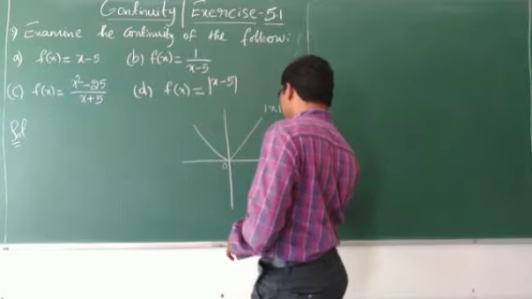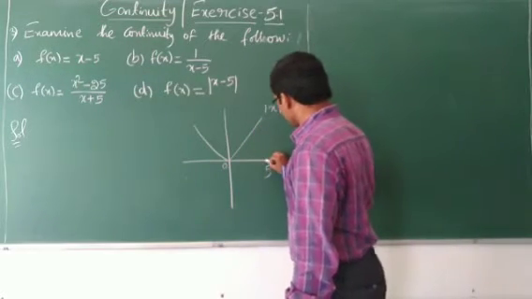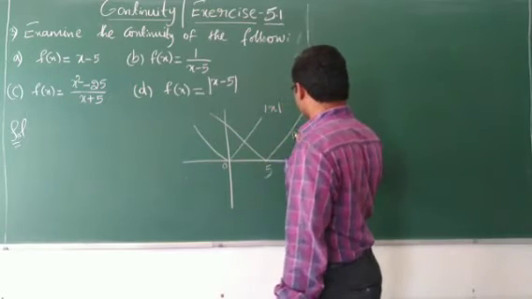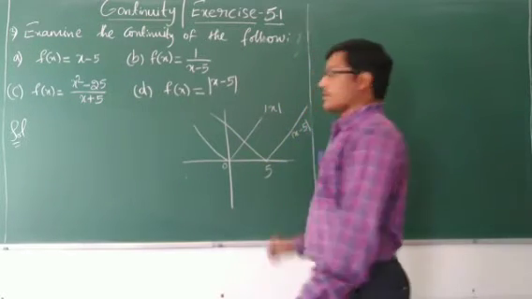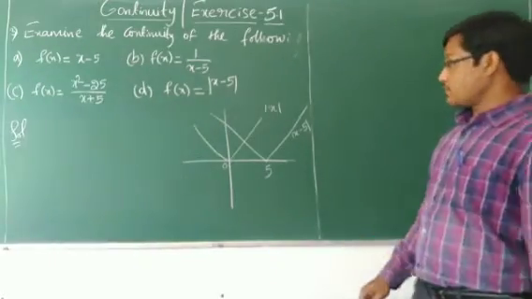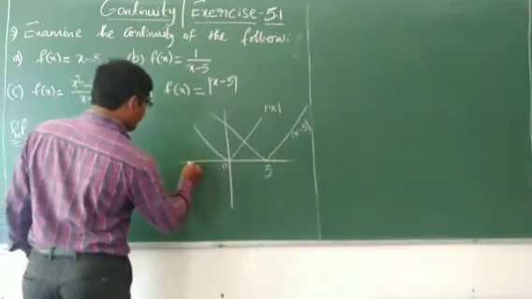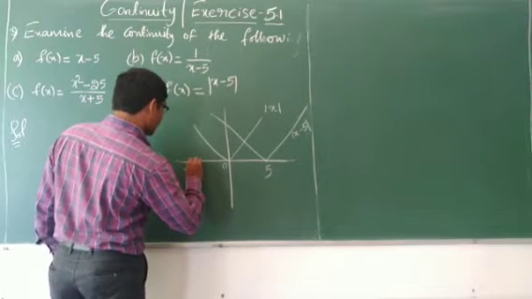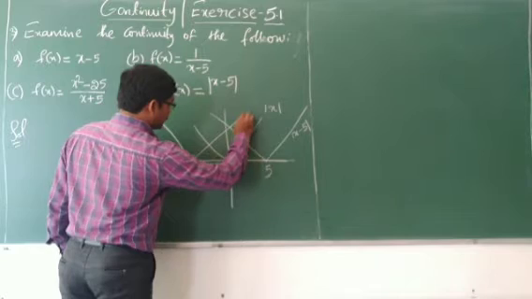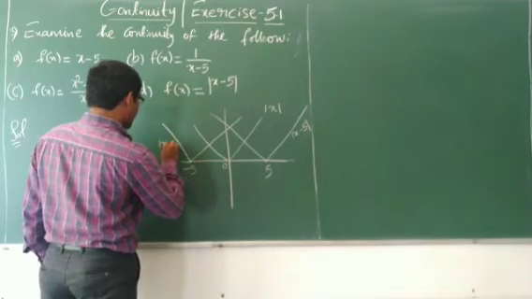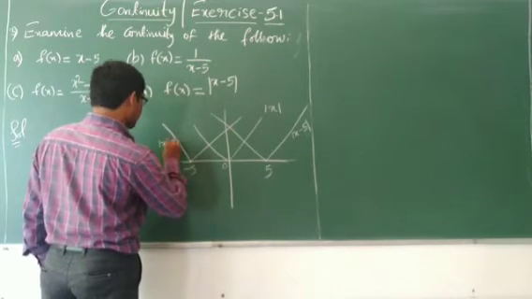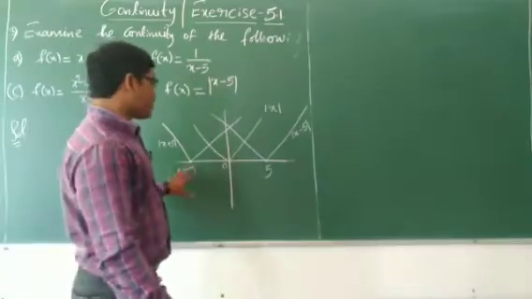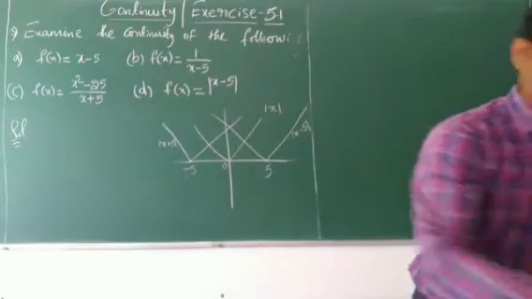Suppose this is equal to 5, so mod of x minus 5 graph will be like this. If you want mod of x plus 5, the graph will be like this. Here you get minus 5. Sorry, this is mod of x plus 5. So this is how we get the graph of modulus functions.